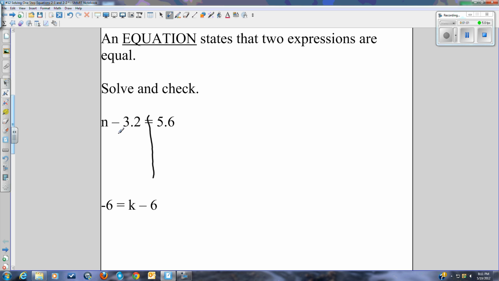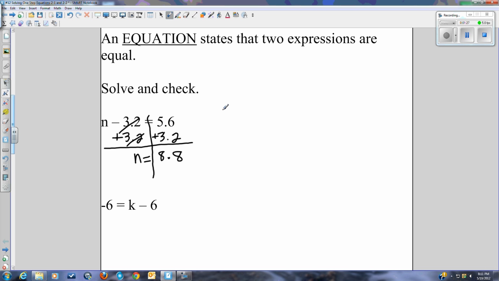So the opposite of subtracting 3.2 is adding 3.2. But that's something that we're going to have to do to both sides of the equation. On each side of the equal sign, whatever you do to one side, you have to do to the other side. The negative 3.2 and the positive 3.2 cancel, and we're left with n equals 8.8.